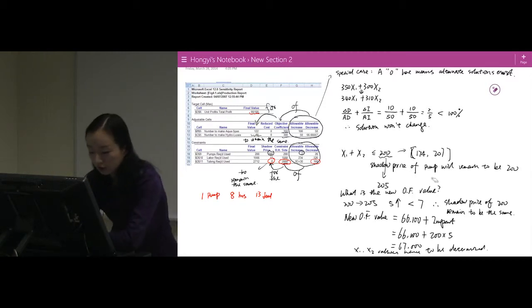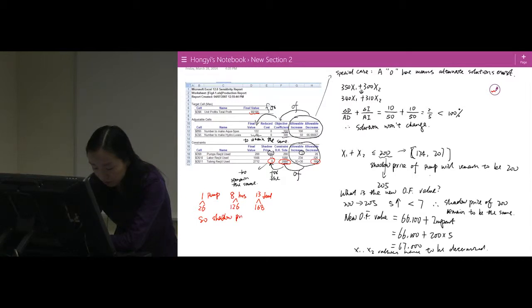First, for 1 pump, the allowable decrease here is 26, so that's within that allowable decrease. So this shadow price won't change. And this 8 hours, we're taking away 8 hours from this model here. The allowable decrease is 126. So this shadow price of 16.67 won't change. And we're taking away 13 feet. The allowable decrease is 100.